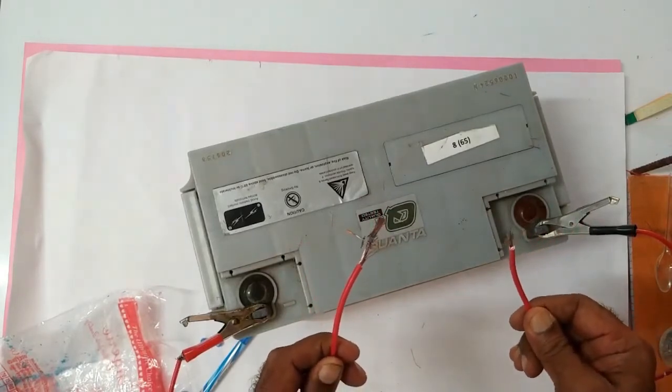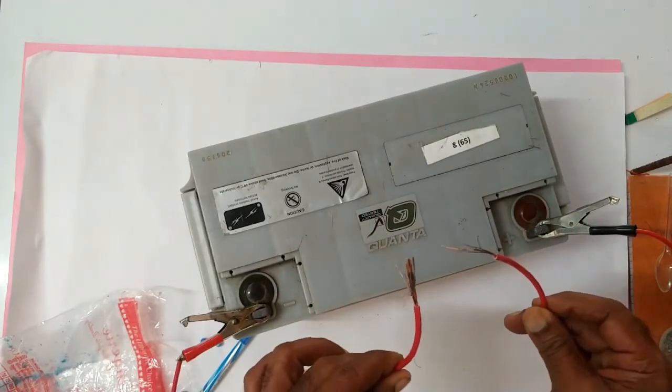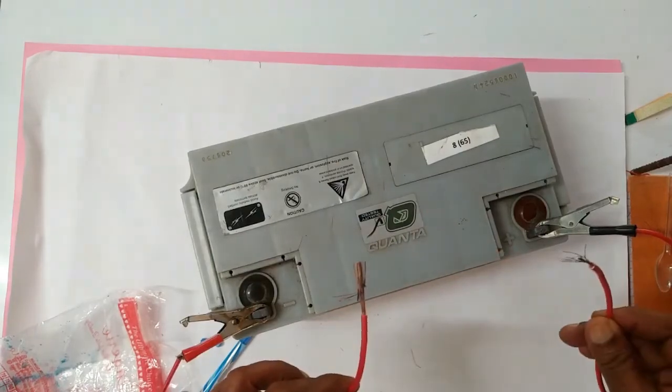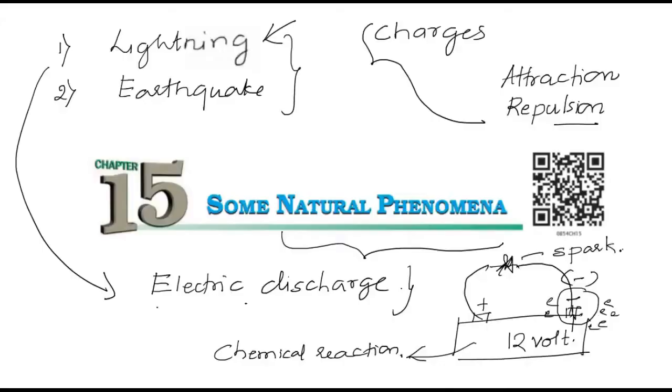So what happened here? We got a spark, right? And that is what is an electric discharge. Here we have got it artificially, and it happens naturally in the sky.